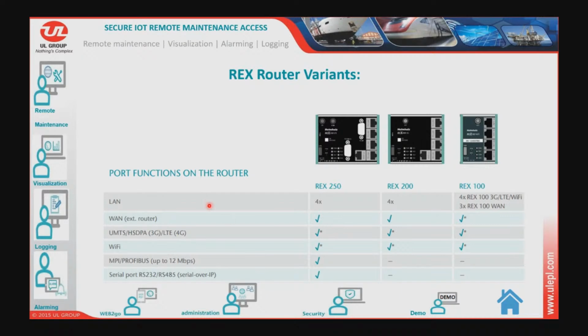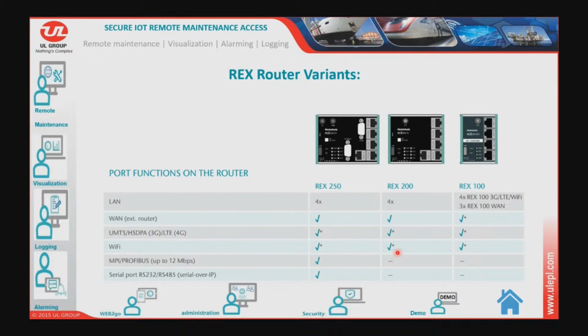So basically we have three types of Rex router. First is Rex 100, second is Rex 200, and third is Rex 250. And all of these variants are available in the format of Wi-Fi, Ethernet, and cellular. The basic difference between these three is that in Rex 100, you can only remotely access your system.